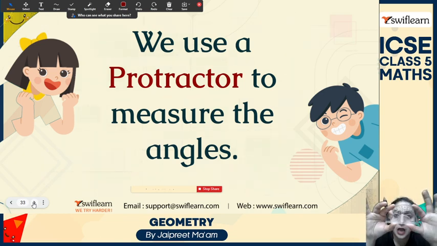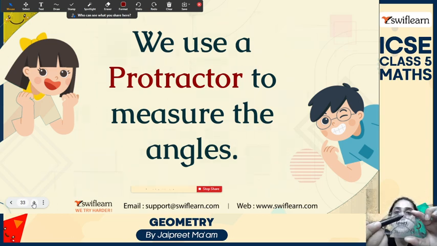Now let's see how we'll use the protractor to measure an angle. So let's see carefully, it's a straight line here. That means we have to put our protractor on this line and this line should coincide. So this is 90 degrees, written here is 90 degree.